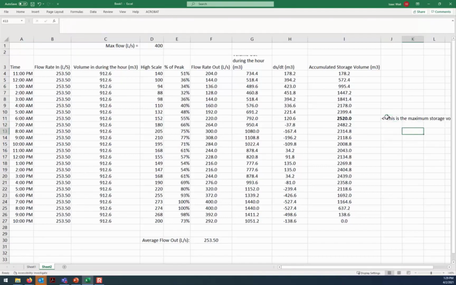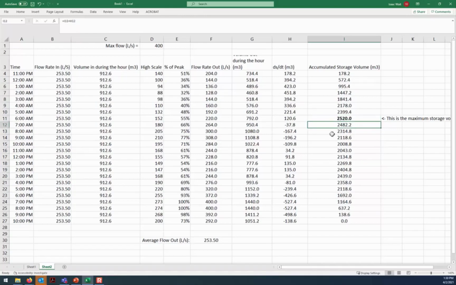Just for a safety factor, for the tank that actually gets built, maybe I'd make it 1.25 times this big. So this analysis tells me that if I have a tank that's 2520 cubic meters, it will fill through the night, and then the tank is full of water. It's got 2520 cubic meters of water.